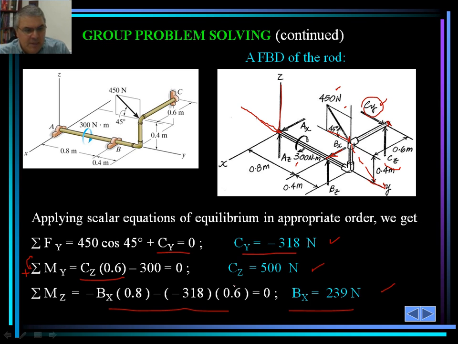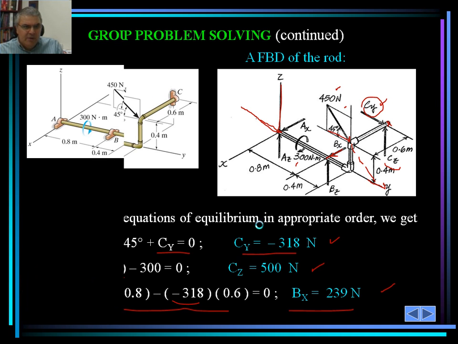Again, realize that we did not change the sign of C sub y. I carried that negative through, and I just accounted for the direction of the moment. Again, this is plus as counterclockwise. If you do it any other way, I guarantee you're going to make mistakes, and you're not going to get the answer correctly.